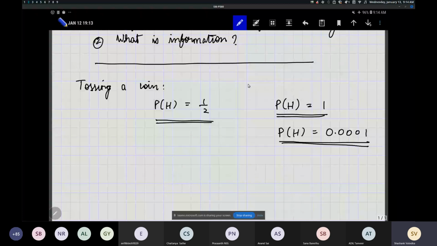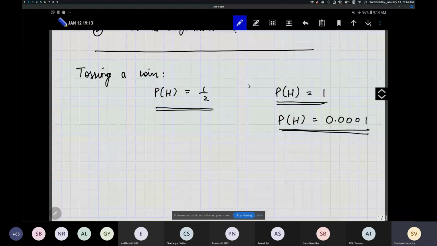And therefore, by observing the outcome, you're getting more information. So in some sense, a fair coin is more informative than a biased coin.